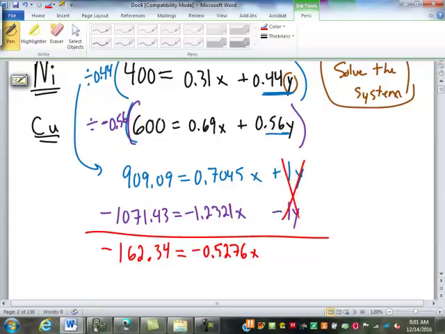Then, of course, the 1y and negative 1y cancel out. So to solve this, I'm going to divide by the negative 0.5276. This is all exactly what we did last Friday. It's just a lot uglier numbers because we have all the ugly decimals in there is all.